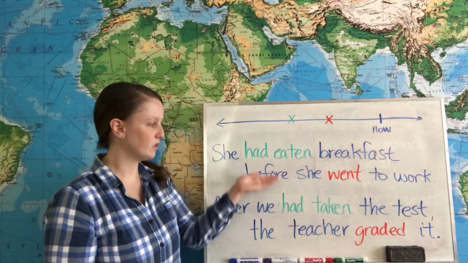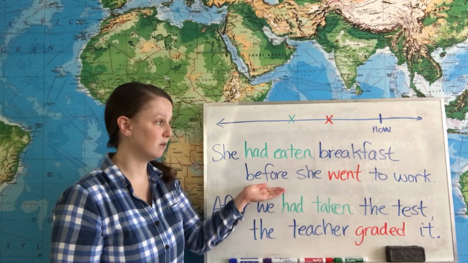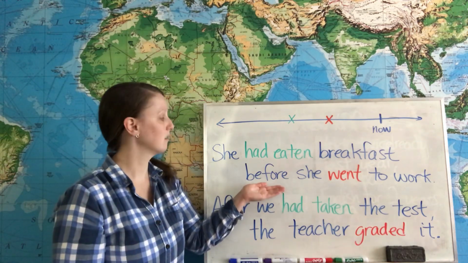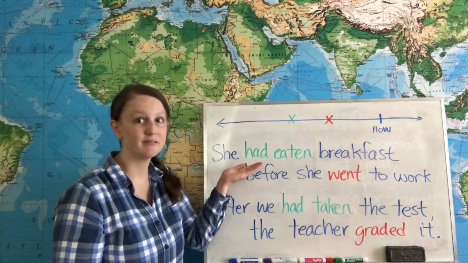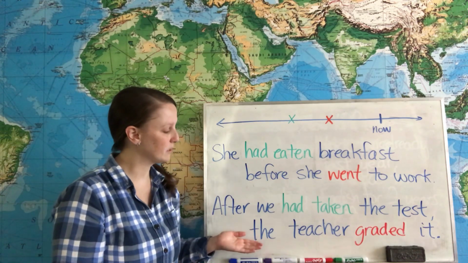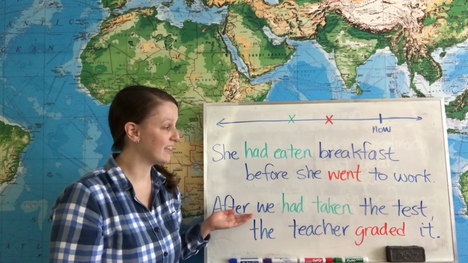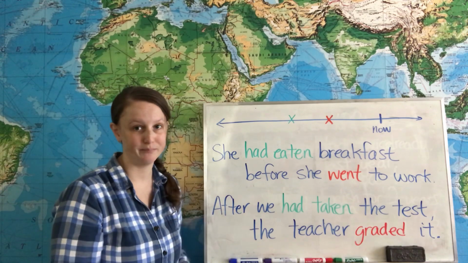So if we switched these clauses again to say before she went to work, comma, she had eaten breakfast, we would have a change in punctuation. Just like here, if we switched them, the teacher graded the test after we had taken it, no comma.